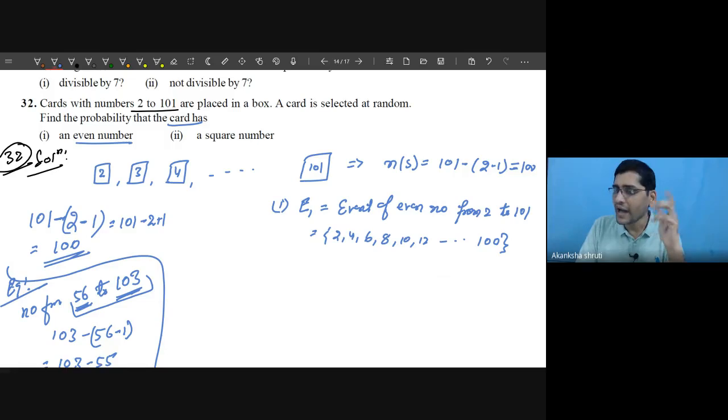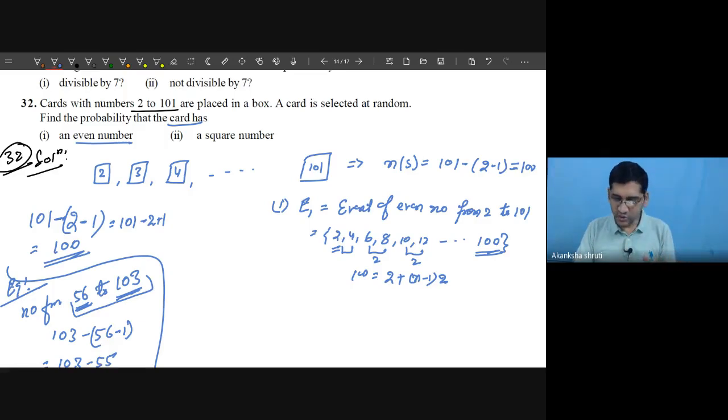Or even if you have doubt, you can calculate the even numbers here. The last one is 100. Let n be the even numbers, then the 100th term is the first term 2 plus n minus 1, and the difference, take the difference between any two, it is our 2. So this is the method of applying AP.